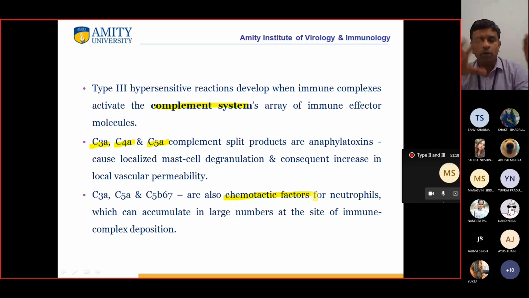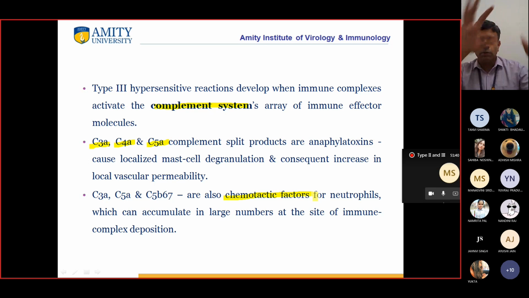So these complement proteins act as a signal for the neutrophils. So ये C3a signal देता है that some problem has occurred, there is a fight going on between antigen and antibody, so please come. So जैसे ये signal मिलता है, neutrophils start going to the site.